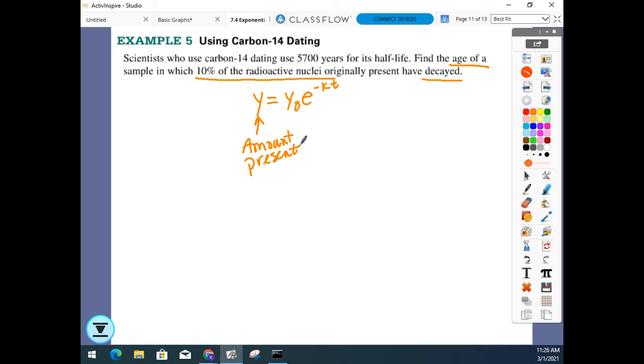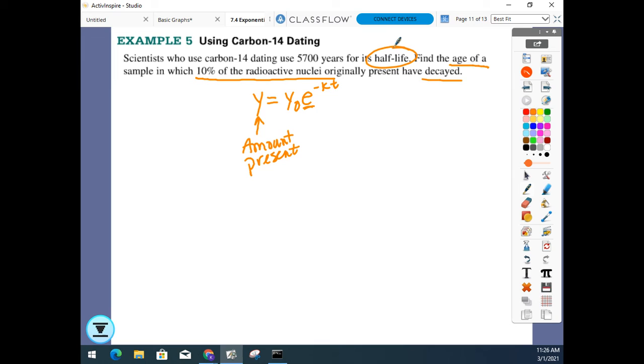Now, in this particular problem, we're not going to use e, because this is half-life. So we're going to alter this just a little bit and play with it. I use this for the majority of the word problems. But if it says half-life, the rate it's decaying is by 1/2. So watch what we're going to do.